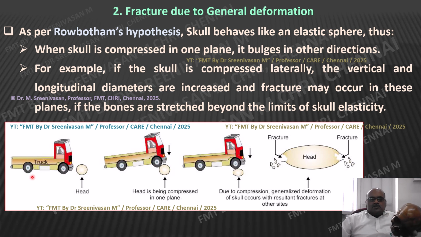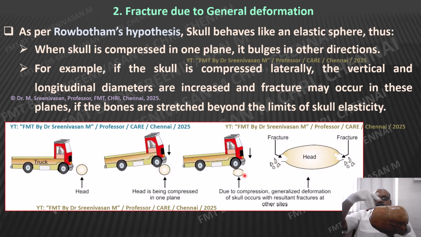For example, as you are seeing in this picture, a runover accident over the head, as the lorry tire passes over the head. Suppose a person is lying with the head on its side on the road, and the lorry tire runs over the skull laterally, pressing the temporal as well as the side of the parietal bone.